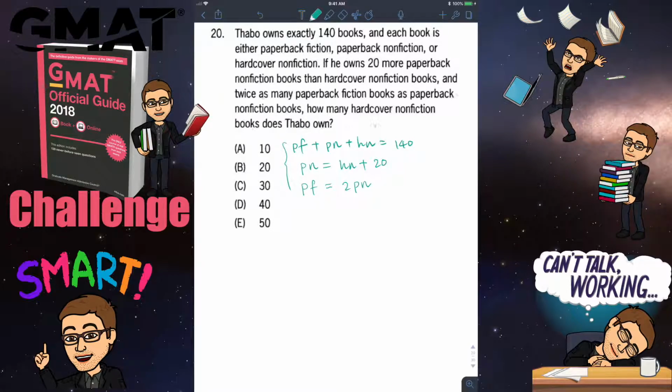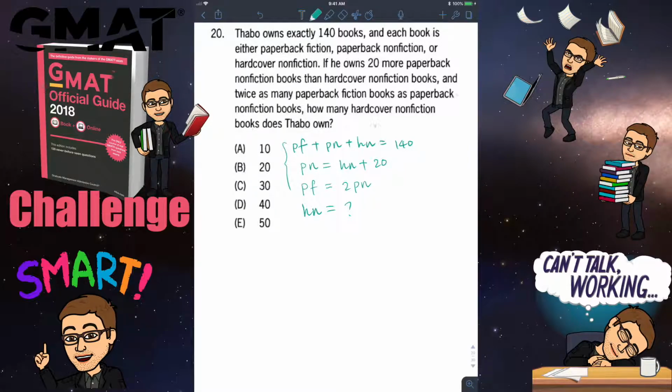So here is the trick. You should read the question, especially the last part. Find out which variable the question is actually asking you. So in this case, how many hardcover nonfiction books does Fable own? So the question is asking you, HN is equal to what value?